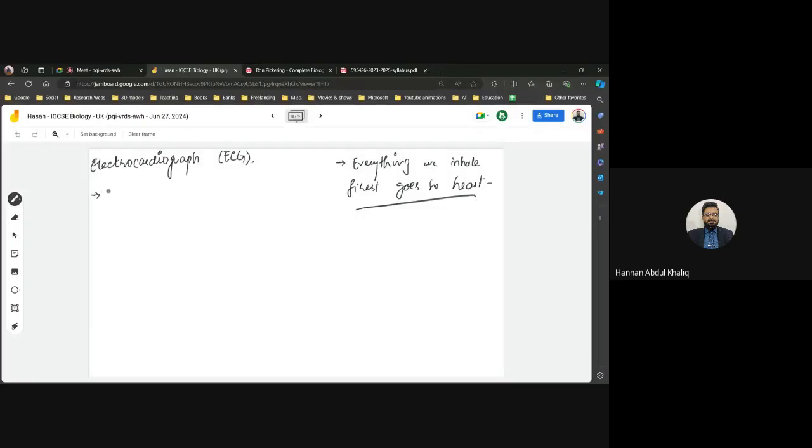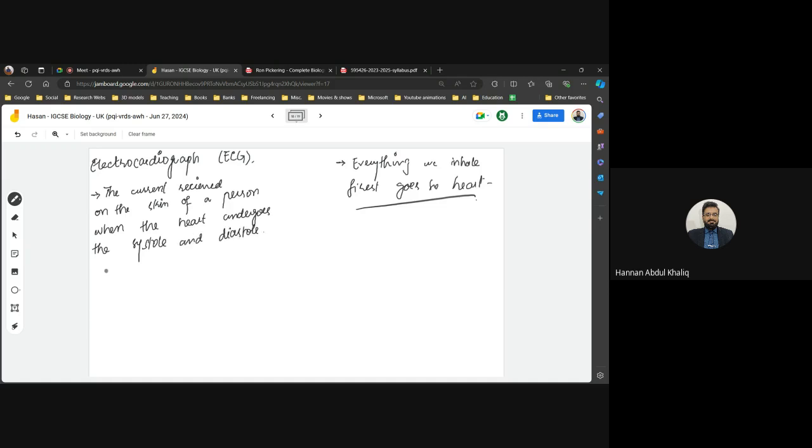The ECG is the current received on the skin of a person when the heart undergoes systole and diastole.